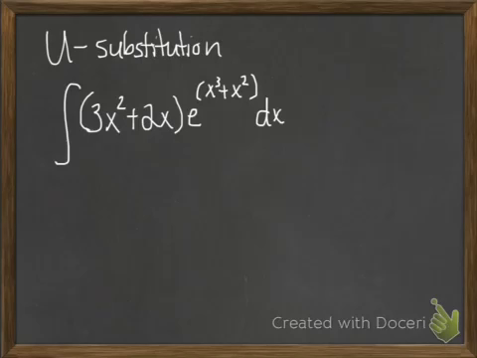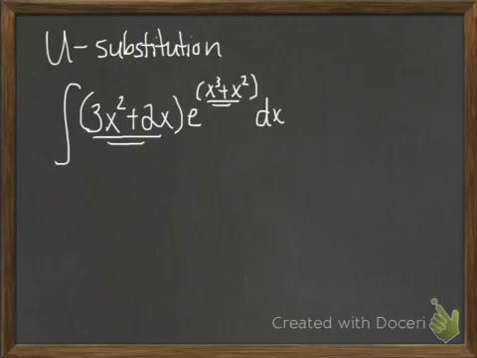So let's see what I'm talking about. You can tell that the exponent of this e, the x to the third plus x squared, is actually something where if you take the derivative of that, you get this value here, 3x squared plus 2x.